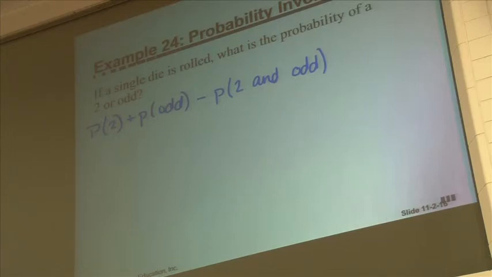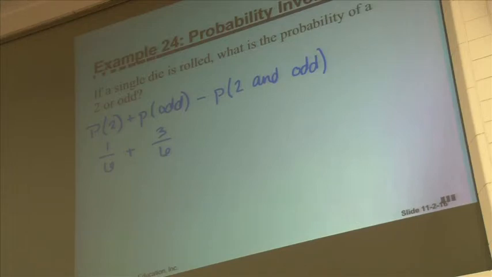Okay. 1 die, so what's the probability of rolling a 2? 1 out of 6. There's only 1 2 on the 6-sided die, so 1 out of 6. Plus, okay, what's the probability of rolling an odd number? How many odd numbers are there? 3. All right. What's the probability of rolling a 2 that is odd? 0.